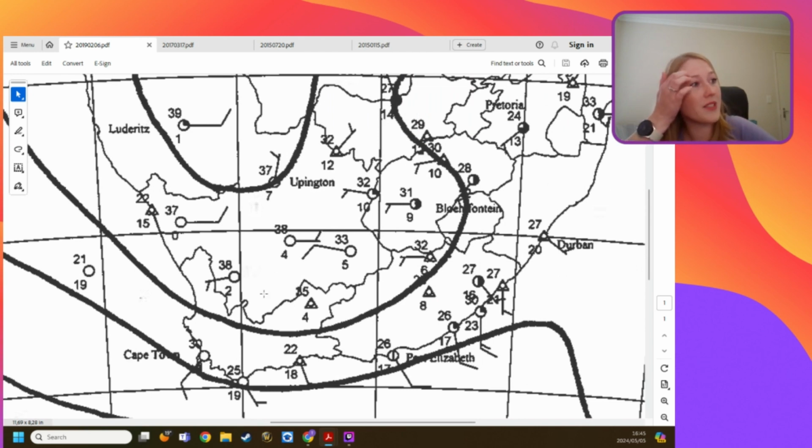Speaking of humidity, I want to point out this one. So, okay, that one's blocked out. So let's take this one. Here we can see that we have 38 degrees, that's the current temperature, and 2 degrees is my dew point. That tells me that the air has to cool a lot from where it is to where it needs to be for there to be condensation.